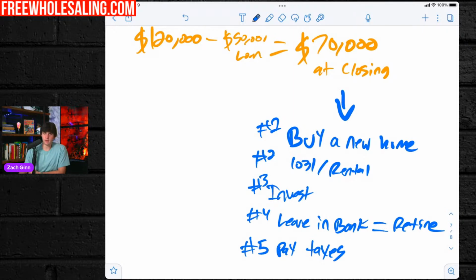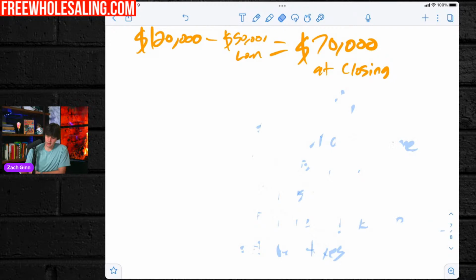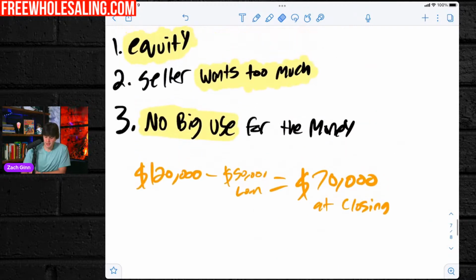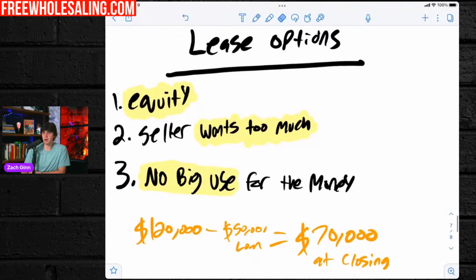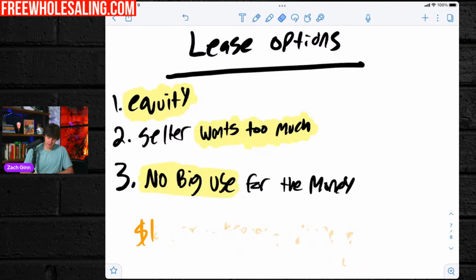And so that being said, knowing this is the option, they don't really have any good uses for the money. If they have no good use for it, they can probably agree to sell it with terms, if that makes sense, where they agree to sell the property, but they get paid in increments, right?